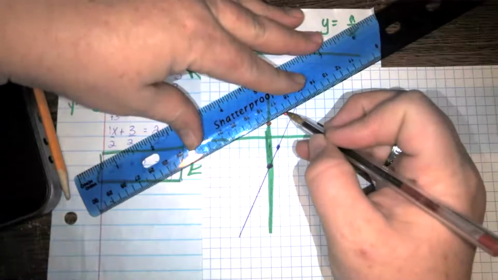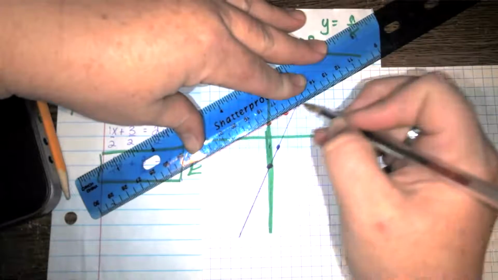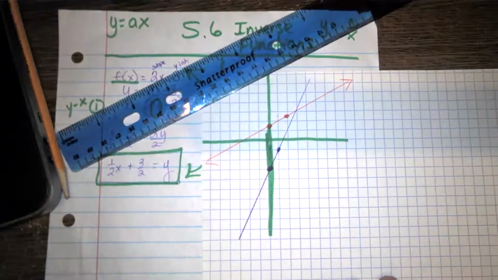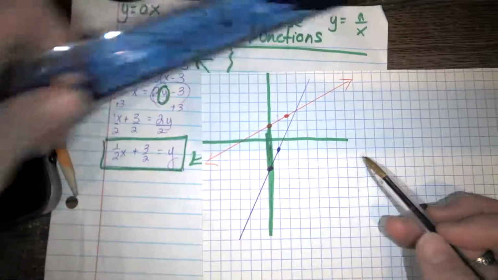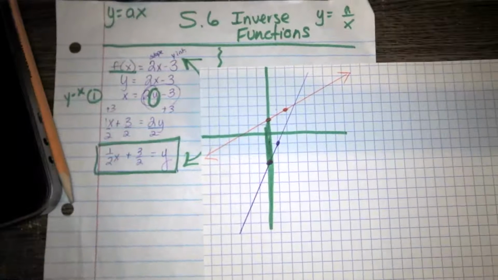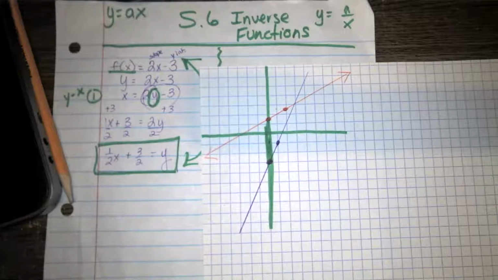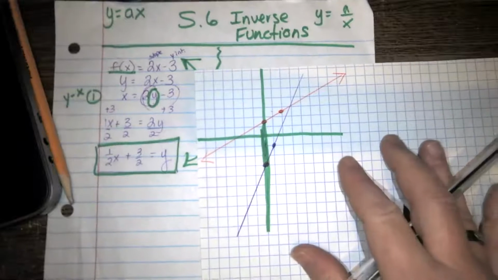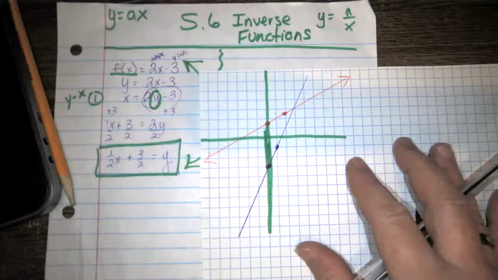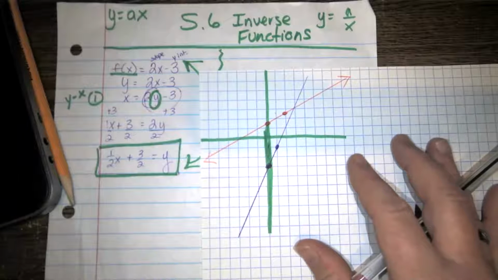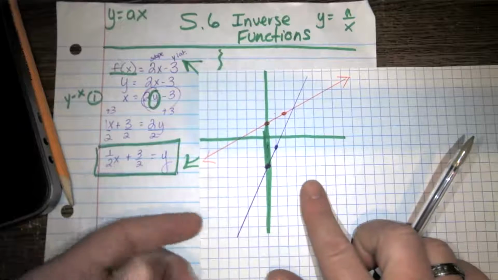That's not necessarily what you might think when you're thinking inverse. You're like, whoa, that's really weird. It's not a flip across. Kind of strange, don't you think? We're going to come back to that.